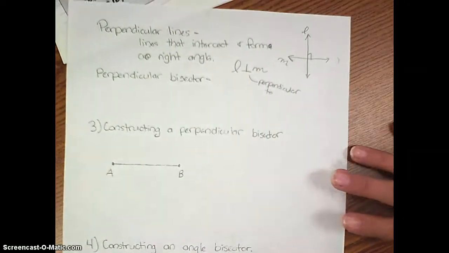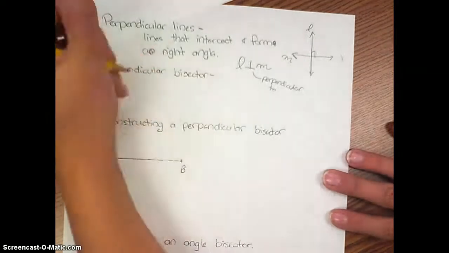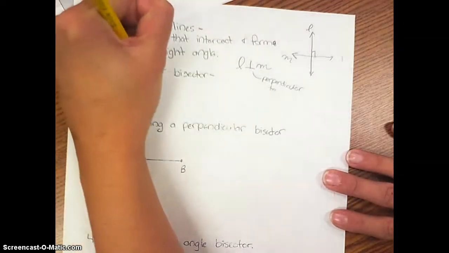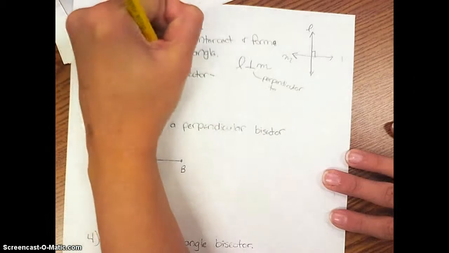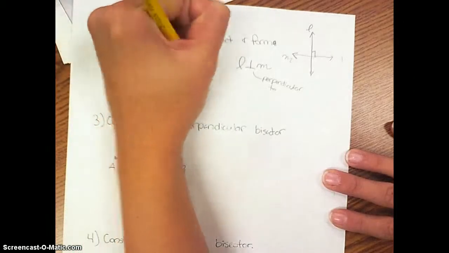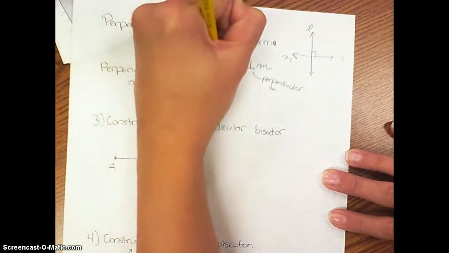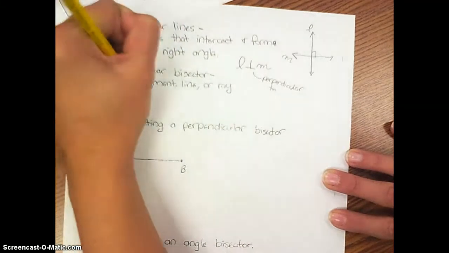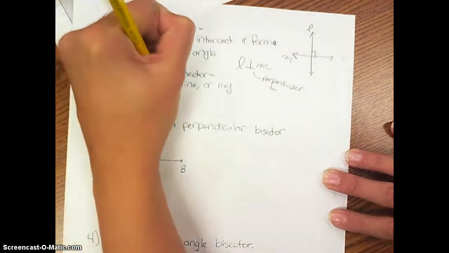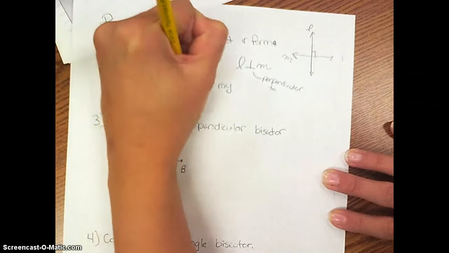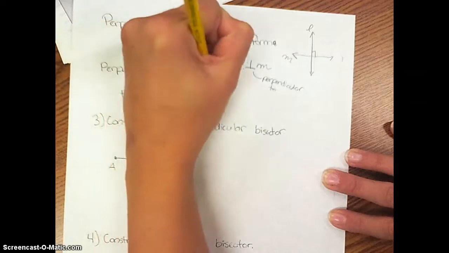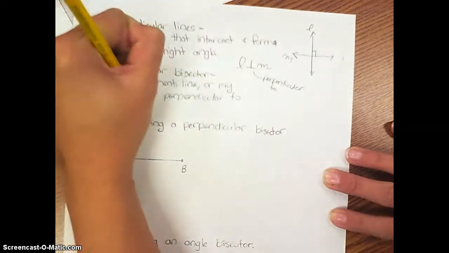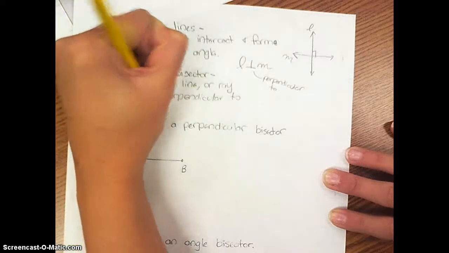All right, next we're going to define perpendicular bisector. A perpendicular bisector is a segment, line, or ray that is perpendicular to a segment and bisects it.